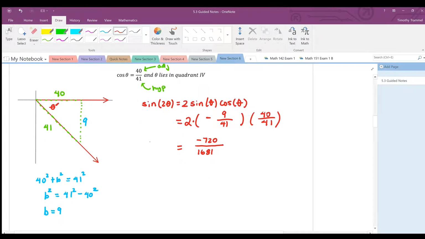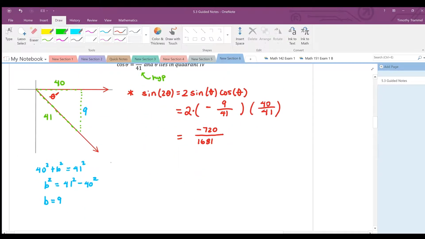Now, let's try and do the same thing for cosine of 2 theta, because we were asked to find that as well, right? Cosine of 2 theta. And let's think about what identity we want to use here. Our goal, again, is just to end up with something with just theta in it.